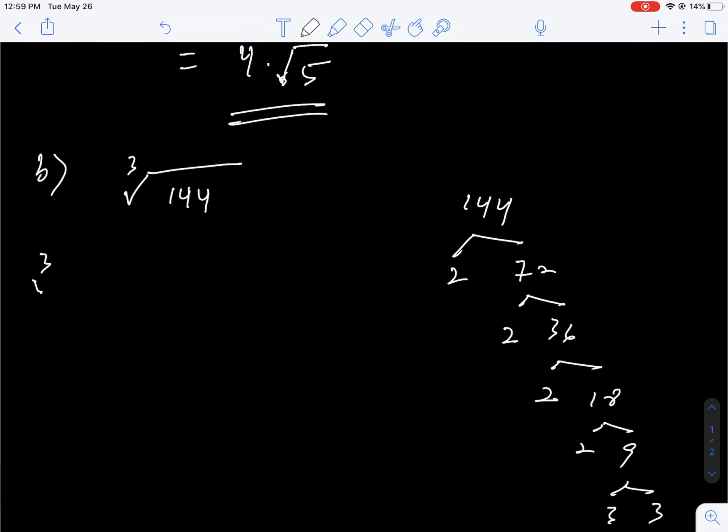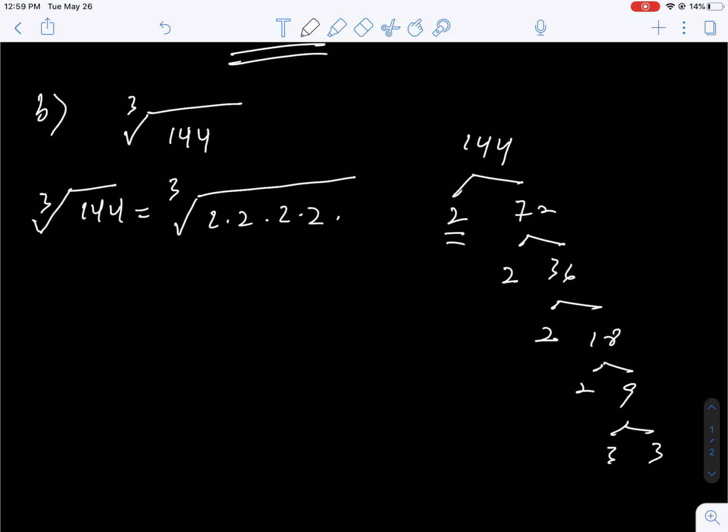So the cube root of 144 is equal to, I will write 144 as a product of its factors. So I've got four 2's, and two 3's. If you multiply all these, it should be equal to 144.